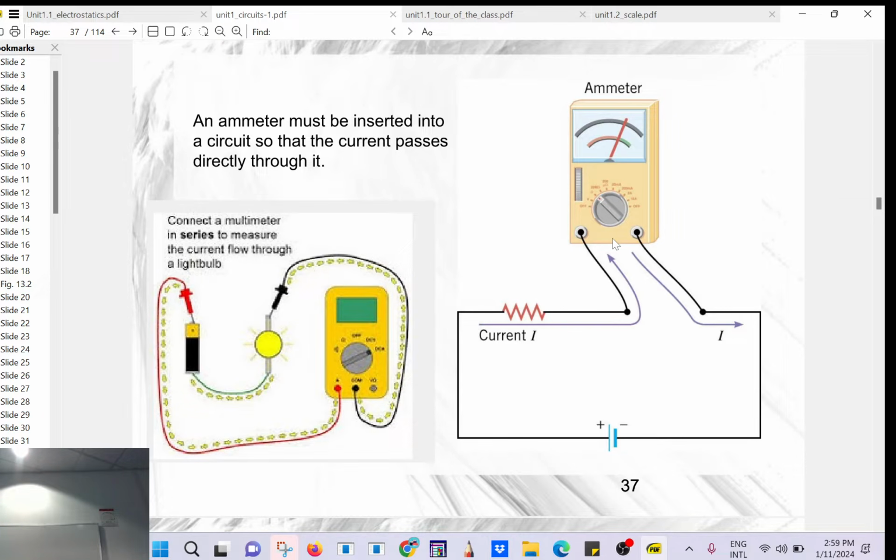So I have to close the circuit. And I have to close it up. I need another.